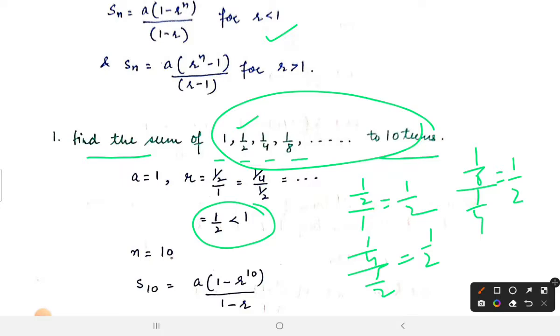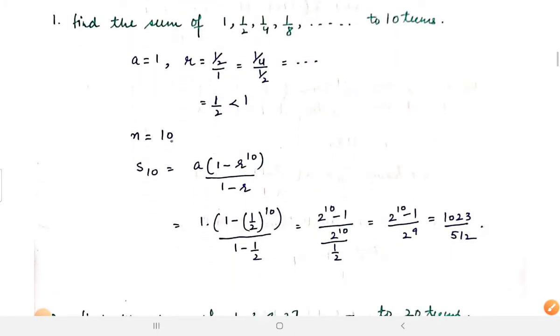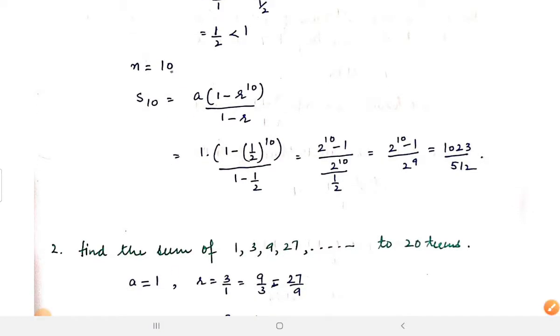Sn is equal to a times 1 minus r to the power n upon 1 minus r, because the common ratio r is less than 1. So what is a? a is 1 and n is 10. So S10 is equal to a times 1 minus r to the power 10 upon 1 minus r. Put the value of r, that is half. So it is 1 upon 2 to the power 10. Take the LCM. So it is 2 to the power 10 minus 1 upon 2 to the power 10 divided by 1 by 2.